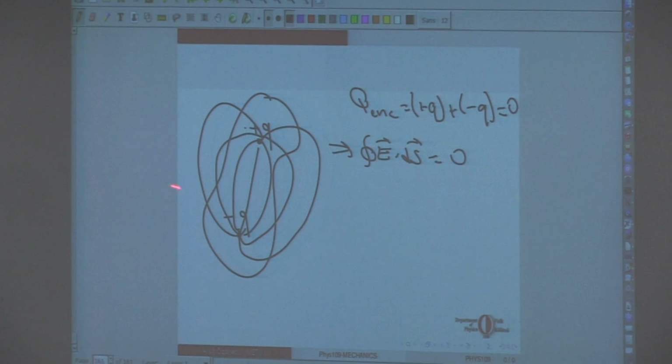So you see that some electric field lines do not touch my surface, whereas there are other electric field lines, like this one. They first leave the surface and then enter the surface. The net number of electric field lines leaving the surface is again +1, -1, it is 0. But nevertheless, the electric field, the integral of the electric field over the surface is 0.